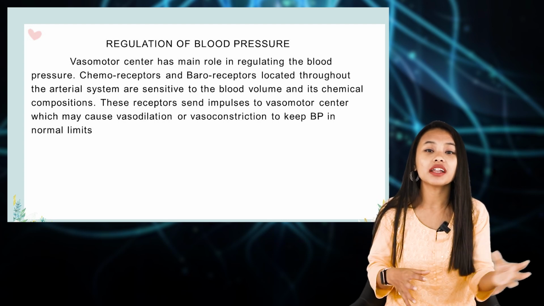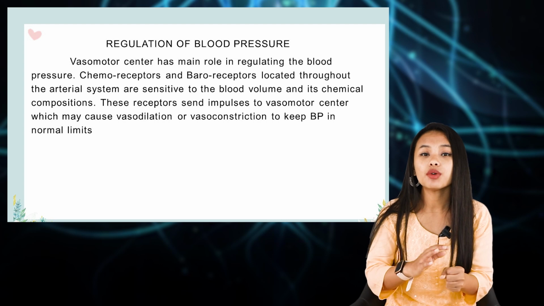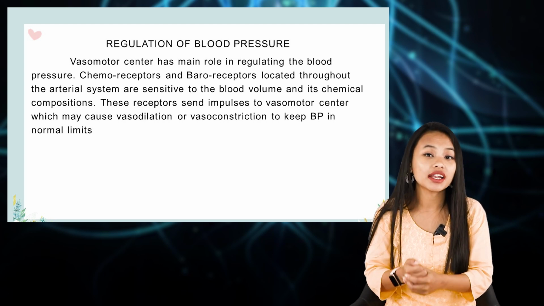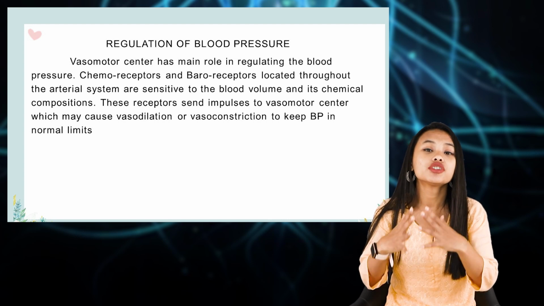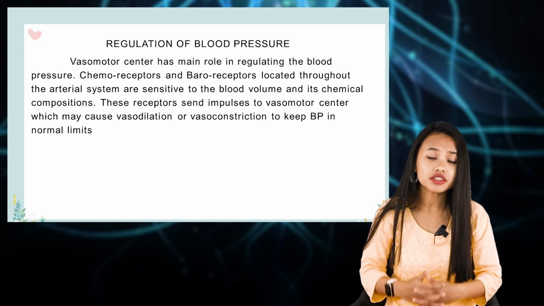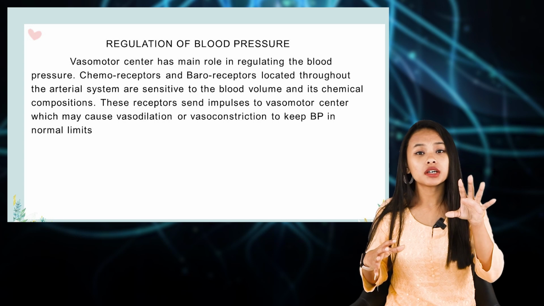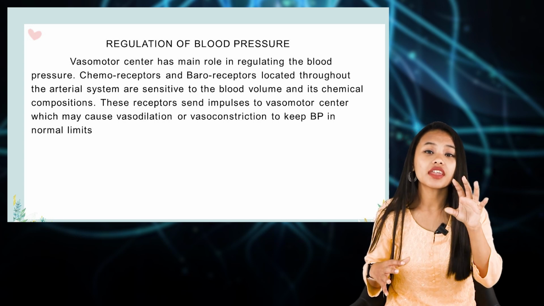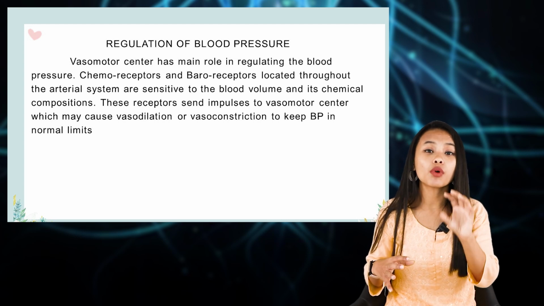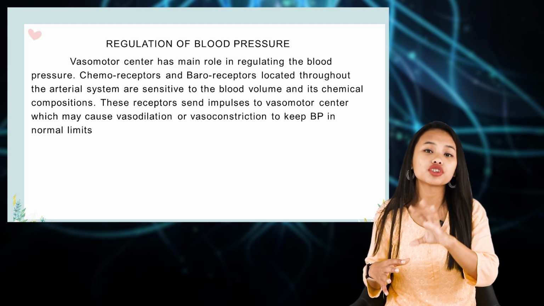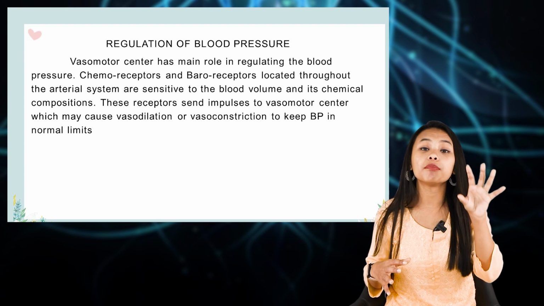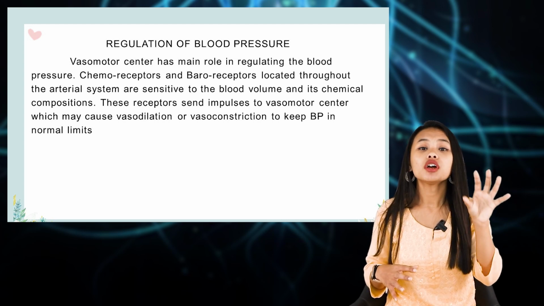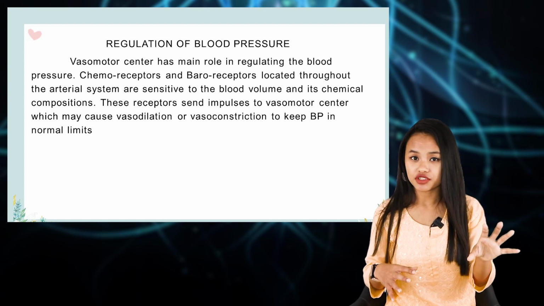So as I've said, if there is vasoconstriction, there will be increased blood pressure, right? However, if there is vasodilation, then it will lead to a decreased blood pressure, right? So here, if these chemoreceptors or baroreceptors feel that the body of an individual requires the blood pressure to be increased, then they will send impulses to the vasomotor center in order to cause vasoconstriction.